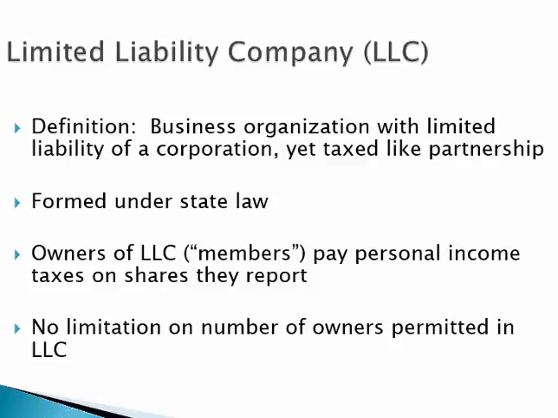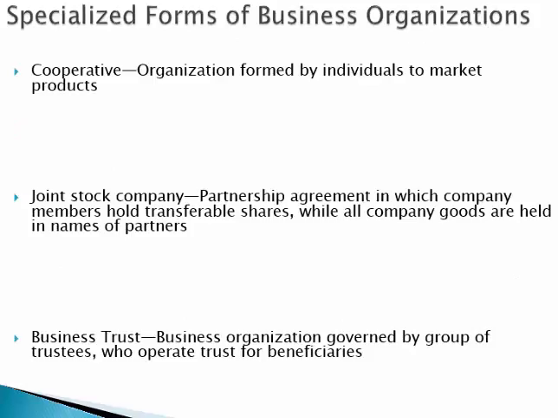So limited liability companies: it's a business organization with the limited liability of a corporation, but taxed like a partnership. It's formed under state law. LLC owners are members. They pay personal income tax, and there's no limitation on the number of owners.